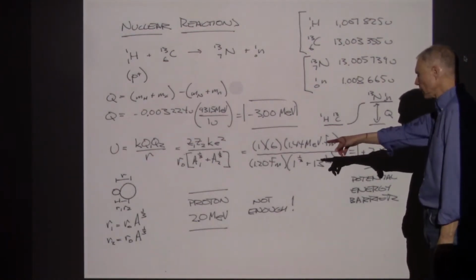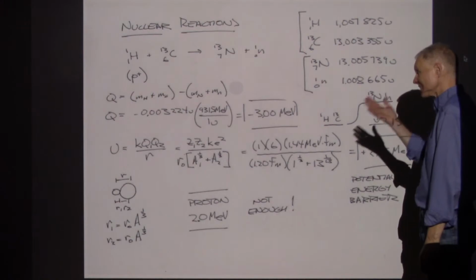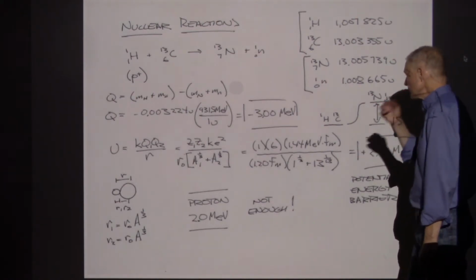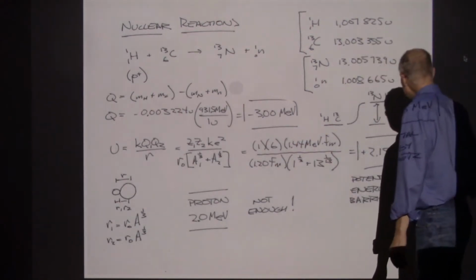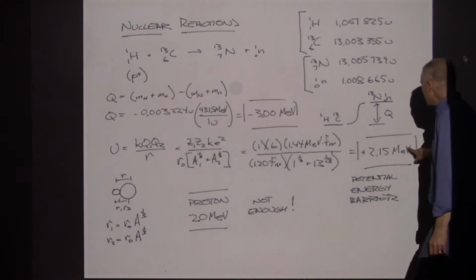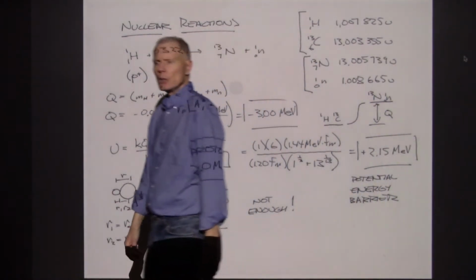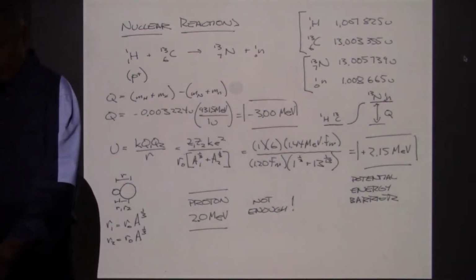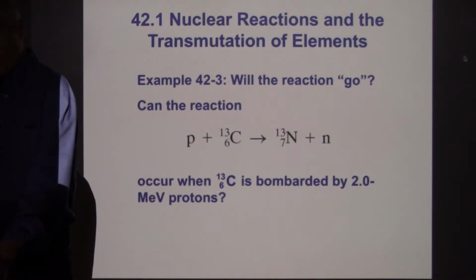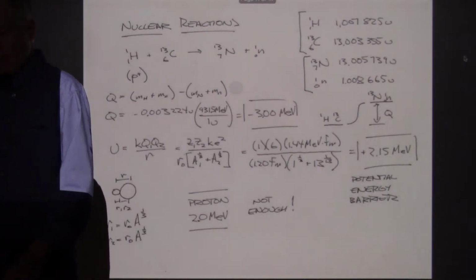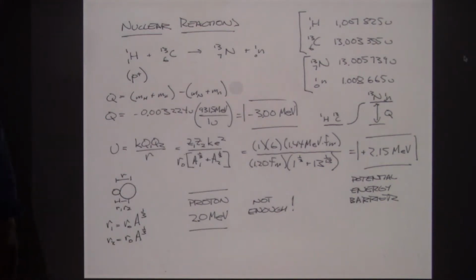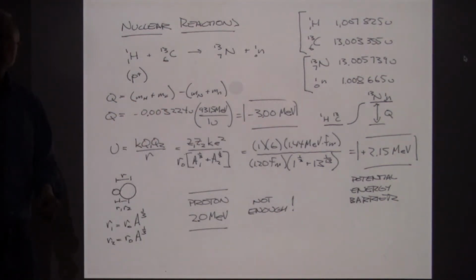Now the protons that are coming in, they tell us in the problem, are 2 MeV, but look, the barrier is 2.15. So it's not going to be enough. They said that we're going to fire the protons in at 2 MeV, but the potential energy barrier is 2.15.